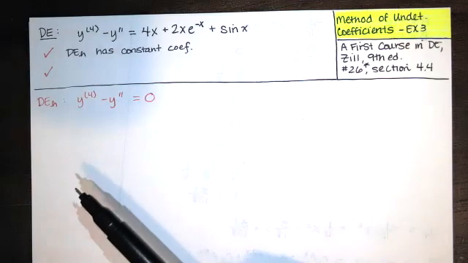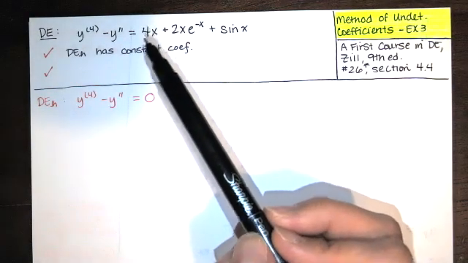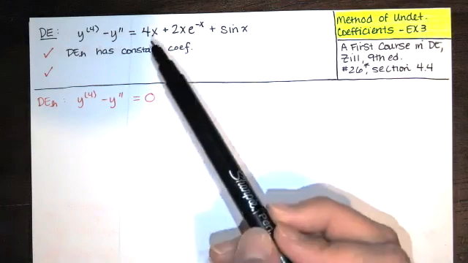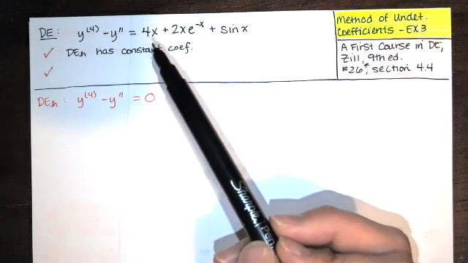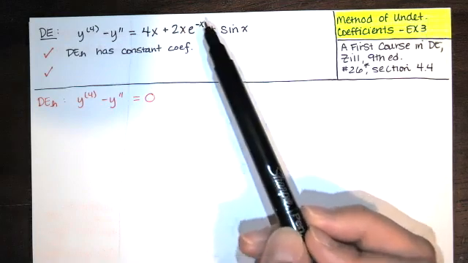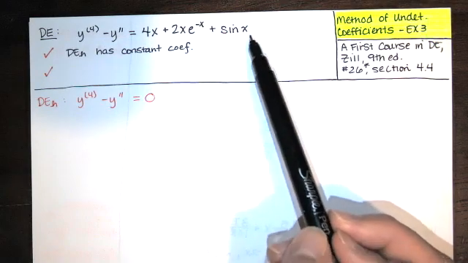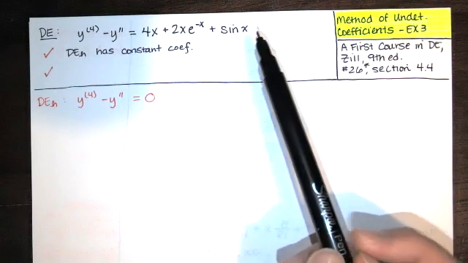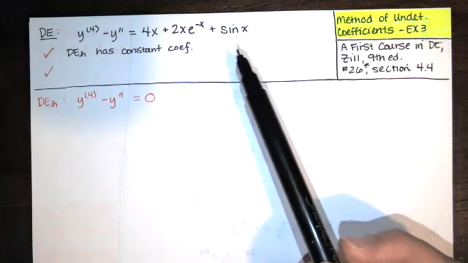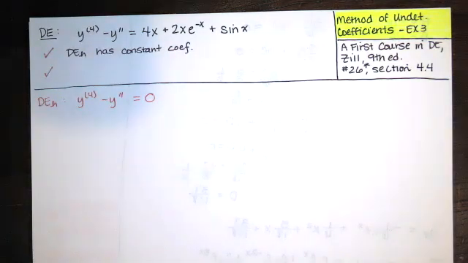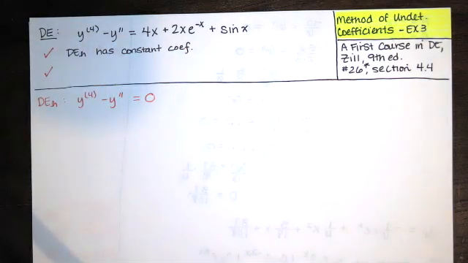We can make an educated guess for y sub p, since derivatives of linear polynomials give you lower degree polynomials or constants, and since polynomials times exponentials will give you polynomials times exponentials back, and since for sine and cosine of x, the derivatives give you sine or cosine of x after taking the derivative once or twice, or 3 or 4 times like we will in this case.